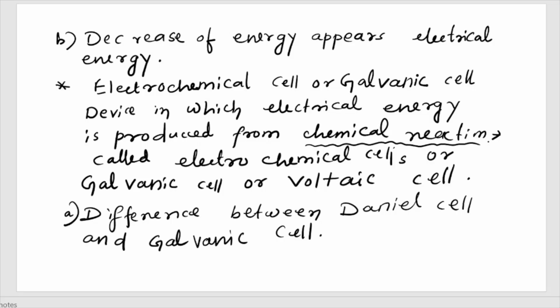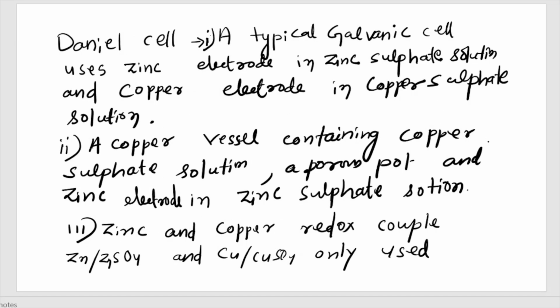Difference between Daniell cell and galvanic cell. The Daniell cell is a typical galvanic cell, because the Daniell cell was the first one. A typical galvanic cell uses a zinc electrode in zinc sulfate solution and a copper electrode in copper sulfate solution.